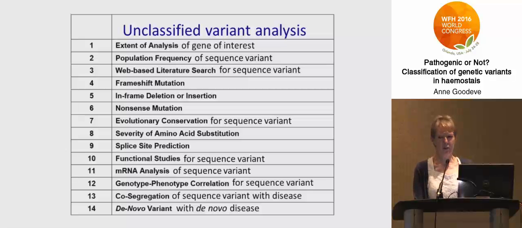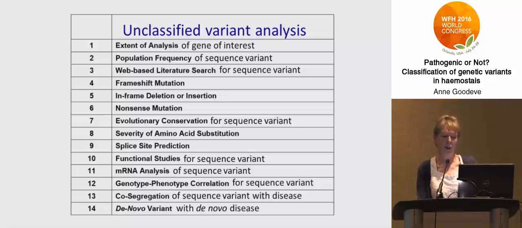Some of the mutation types are very likely to be pathogenic, so frame shift and nonsense mutations. Where we've got amino acid data to look at, we can use a number of different tests to try and help us work out whether they're likely to be pathogenic, and similarly for splice site mutations. And then there are a number of functional analyses that can be done if we have a variant that somebody else has kindly previously expressed in vitro, or maybe we can undertake that work ourselves to try and look for a consequence on the protein production.